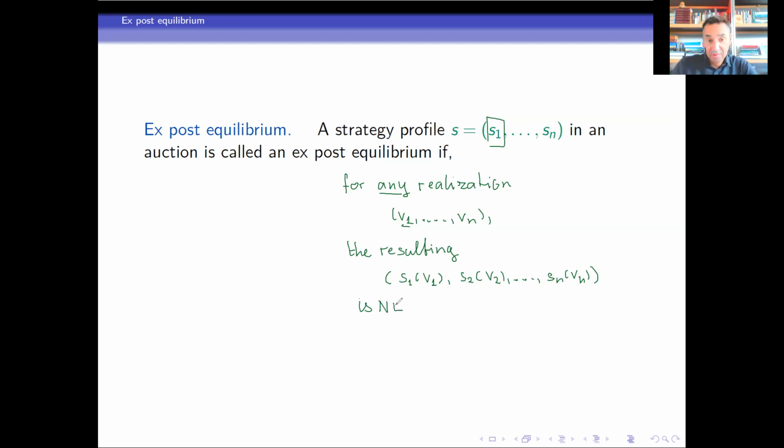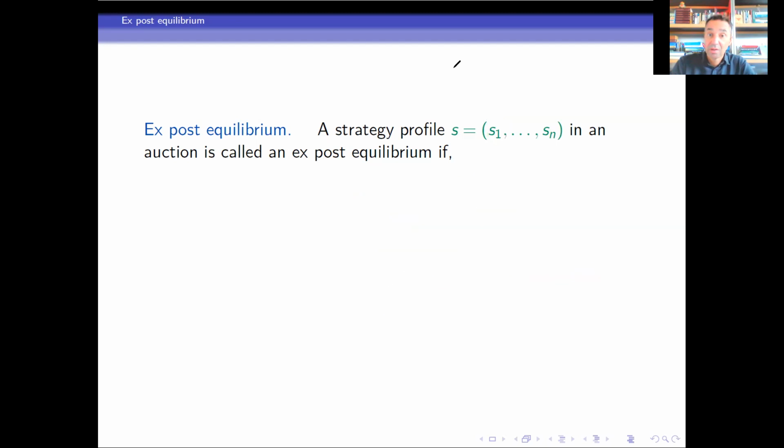And of this, you can actually compute whether or not it is a Nash equilibrium, because now the valuations are known. So you can compute utilities, and so you can check whether your bid maximizes your expected payoff or not. And if that is the case for each of the agents, then we have an exposed equilibrium.